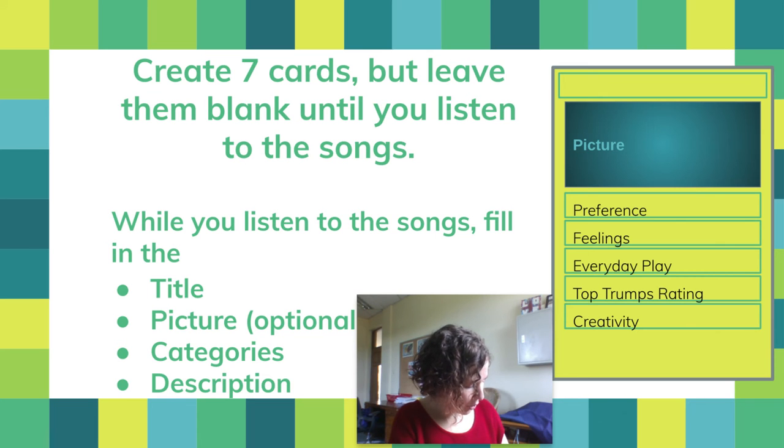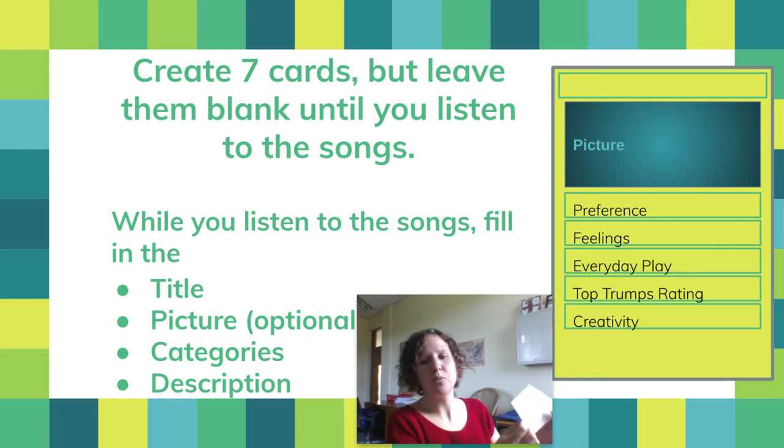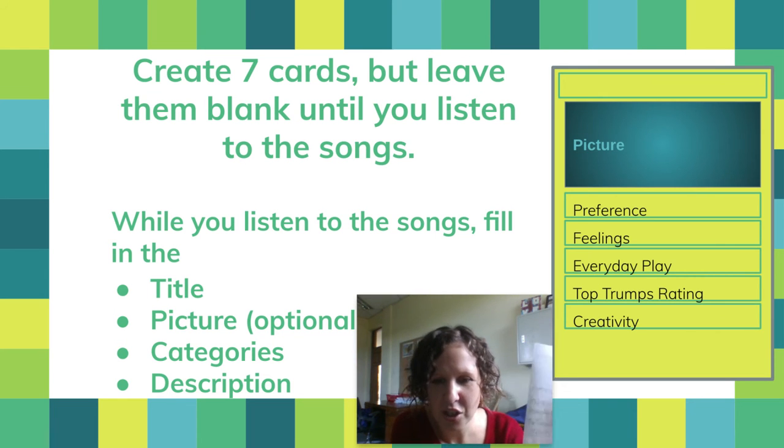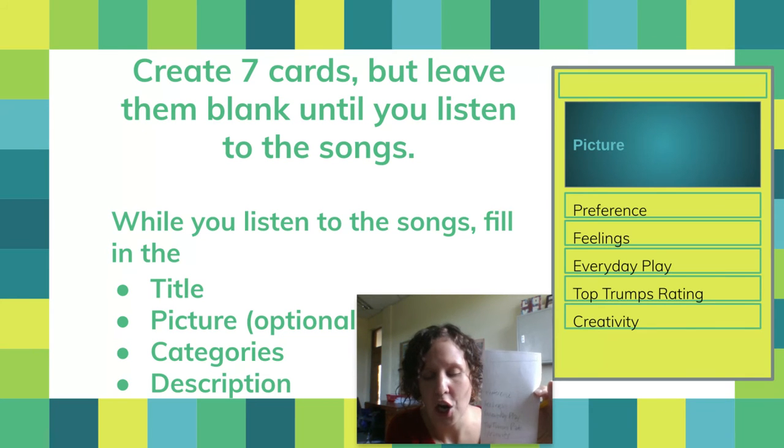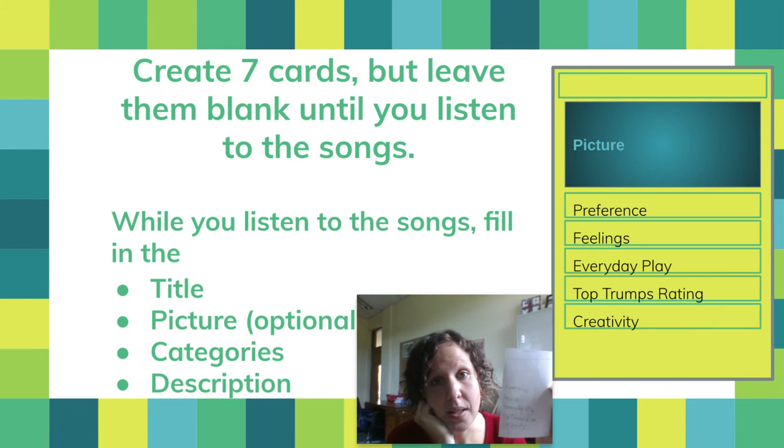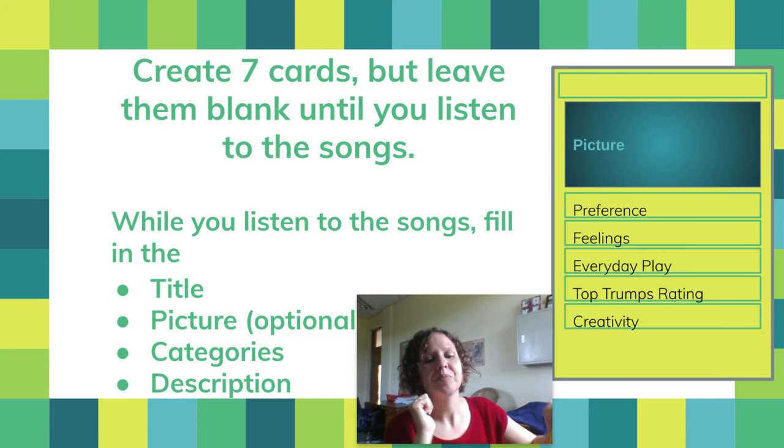With a little room underneath to write some words. There, I've created just really quick a little card. And when I listen to the song, I'll be ready to fill out my card. So it's important that you create 7 of these.